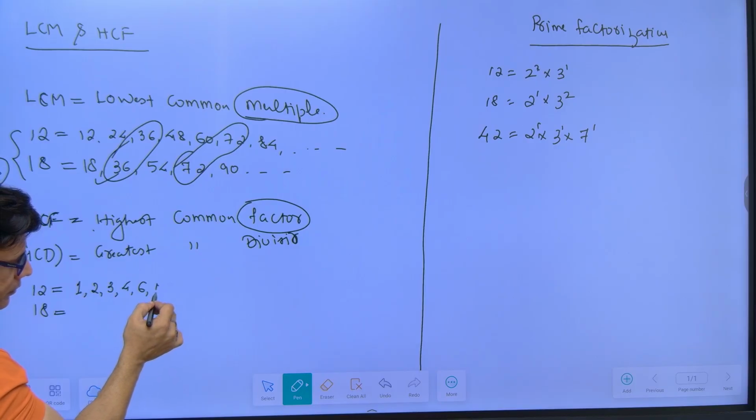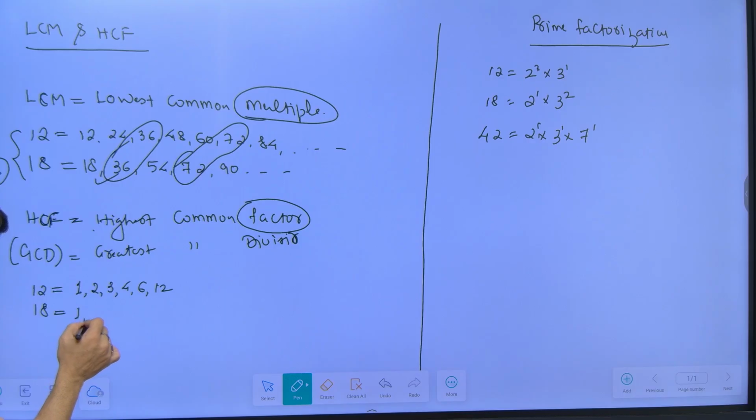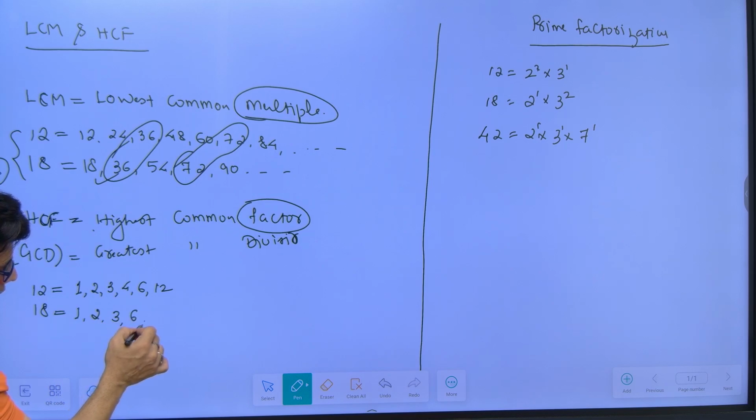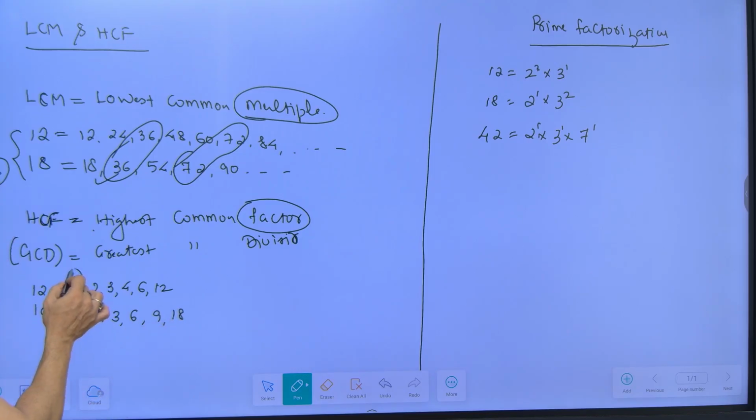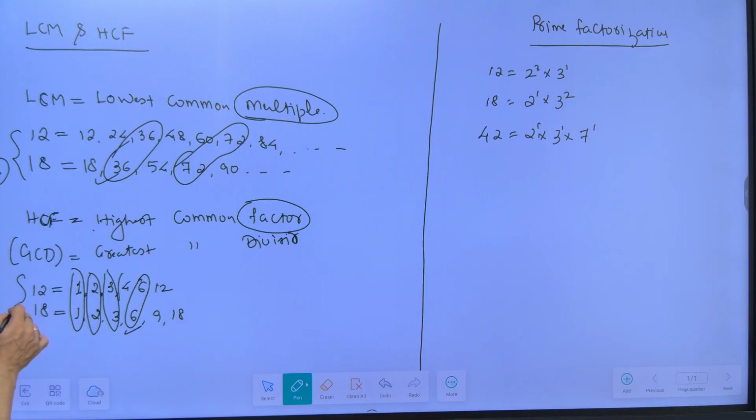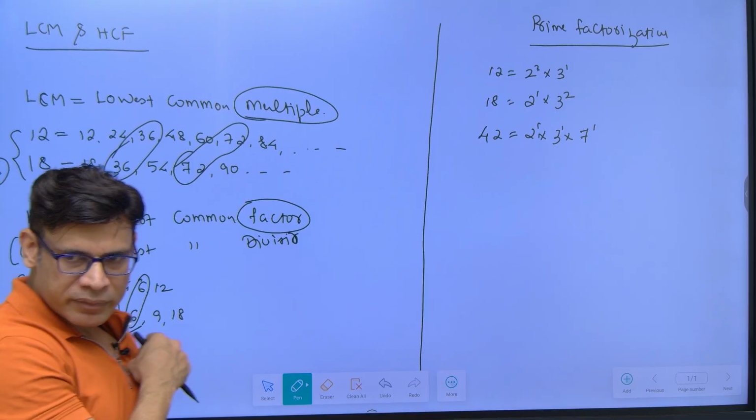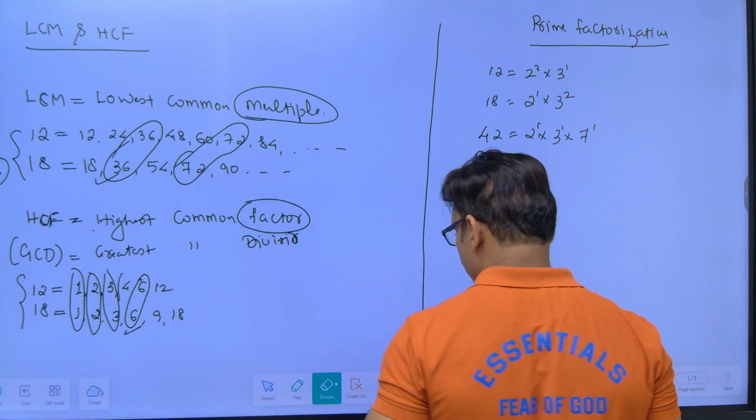Then for 18: 1, 2, 3, 4, no. 5, no. 6, yes. 9. There are several common factors. Among all the common factors, which is the highest? 6. So the HCF of these two numbers is 6. So you got LCM and you got HCF.